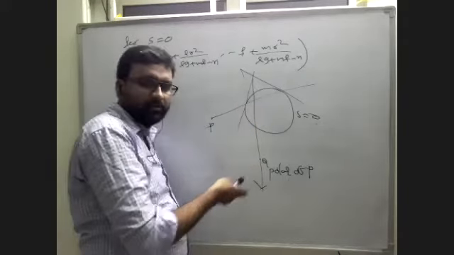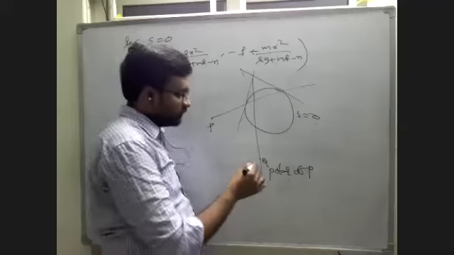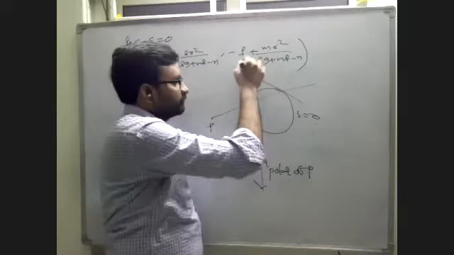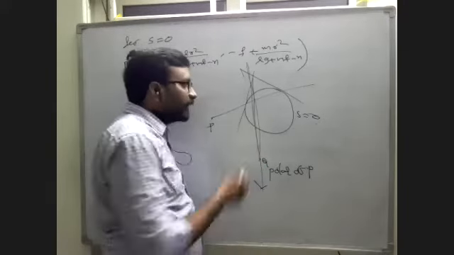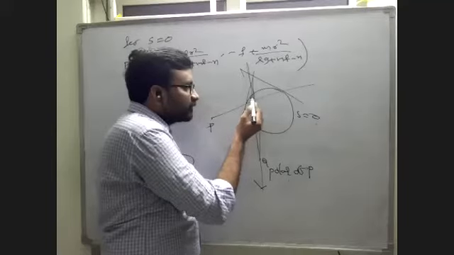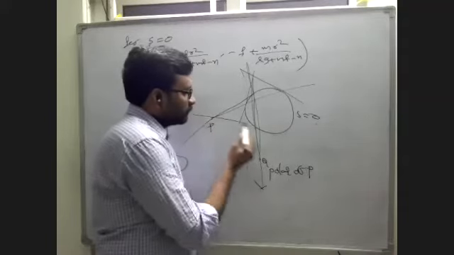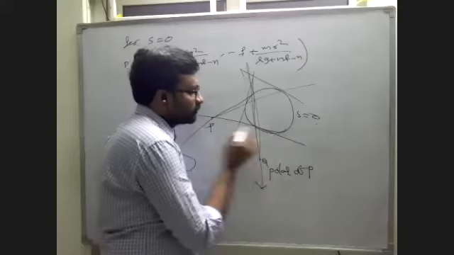With respect to this circle, this is outside. Now from this Q also we can draw a secant, and where the secant intersects the circle we can draw tangents like this.